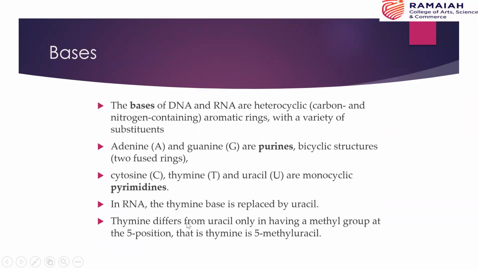And thymine and uracil differ only with respect to one methyl group. We can say that thymine is 5-methyl uracil. That means at the 5th position, there is a methyl group in the structure of thymine, whereas in uracil, there is no methyl group. And you will have uracil only in case of RNA, that is ribonucleic acid.